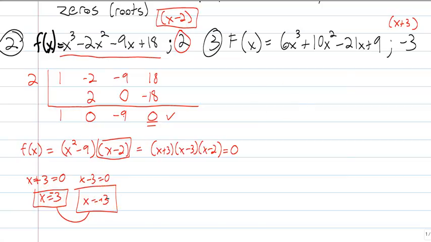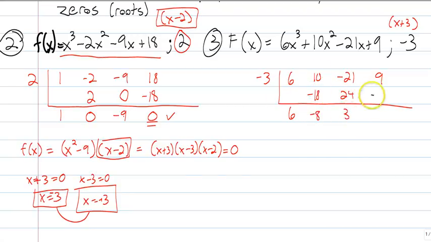Alright, let's do the last one and see what we get. I'm dividing by negative 3 into, and again, if I'm telling you this is a 0, you should get a remainder of 0. If you don't, you did something wrong in the math, especially if I tell you it is a 0. Negative 6 times negative 3 is negative 18. Negative 8. Positive 24.